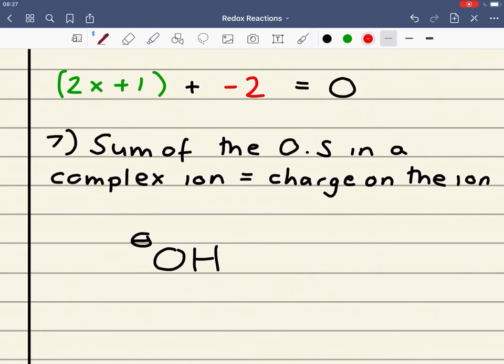Well, we've got an oxygen at -2, hydrogen at +1, that's following rules 4 and 5, and therefore -2 + 1, that gives me the charge on my ion, and that is equal to -1. In the next video, we'll take a look at some more examples of applying rules 6 and 7.